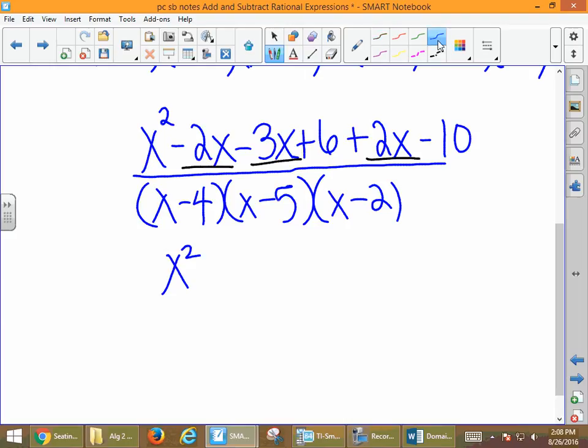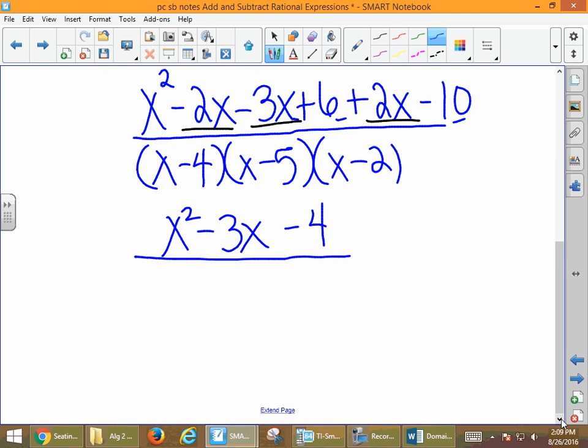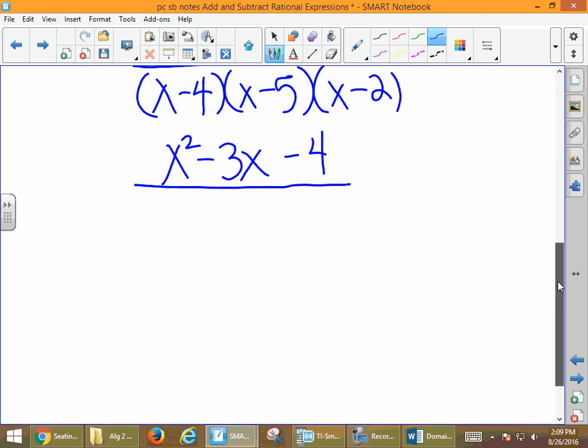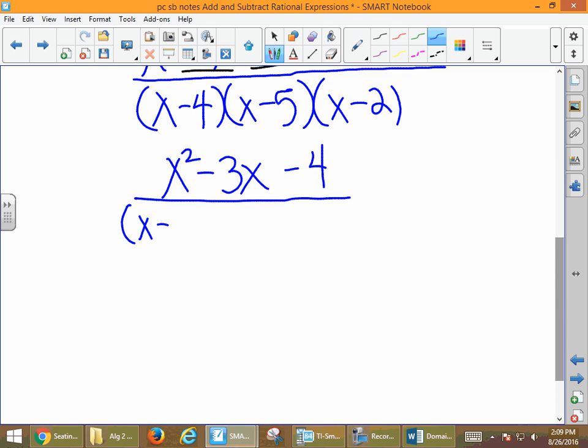And when we combine all those, we end up with minus 3x. We have 6 and we have negative 10. 6 minus 10 is negative 4. And we still have our common denominator of x minus 4, x minus 5, x minus 2.